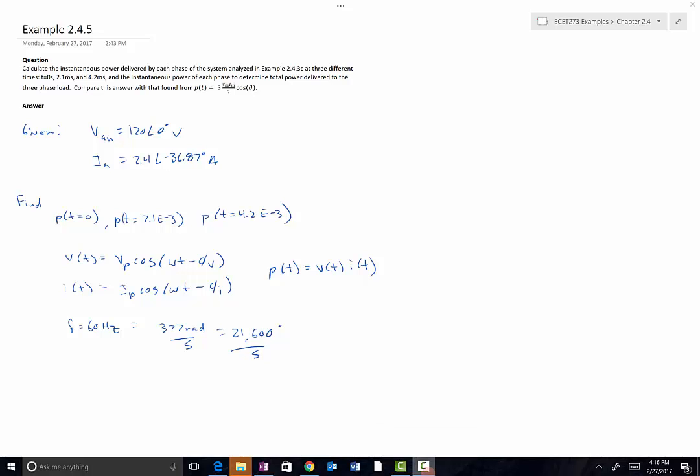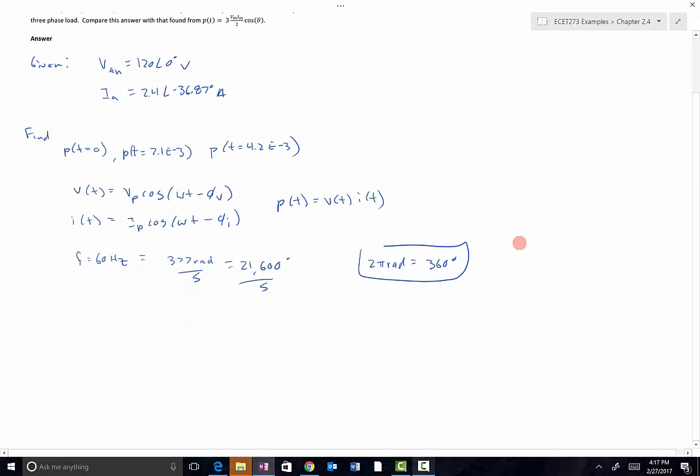And that just comes from the relationship that 2 pi radians equals 360 degrees. Easy way to always convert from radians to degrees right there. So we just need to plug that in for omega, 21,600.